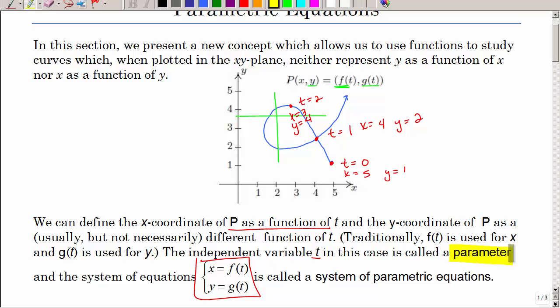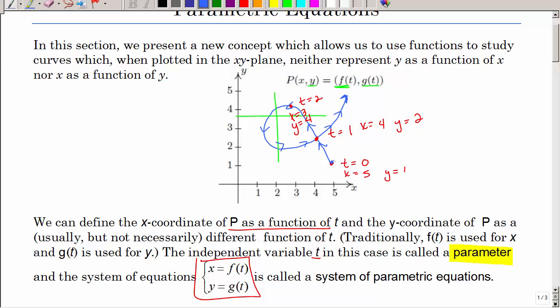And as we look at this parameter, we also will notice that the curve has a certain orientation, meaning it has a beginning and possibly an end. So it travels in this direction, and we note that by putting little arrows. Not just an arrow at the end like we've done before to say it goes to infinity and beyond.